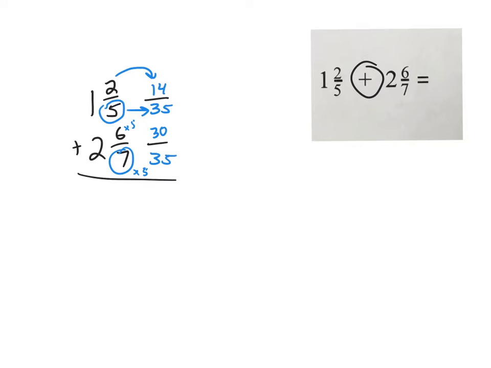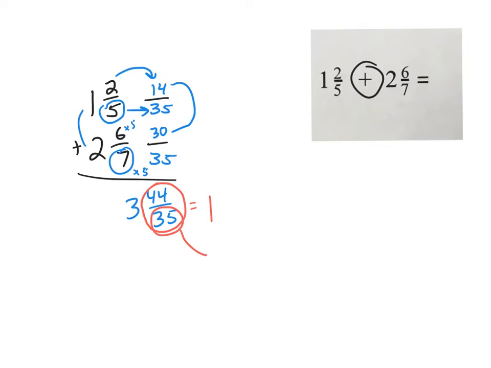And now we need to add, so we say 30 plus 14 is 44 35ths, and 1 plus 2 is 3. Okay, so we have an issue here. This is an improper fraction, so we need to turn that into a mixed number. So we see how many times 35 can go into 44. 35 goes into 44 one time.